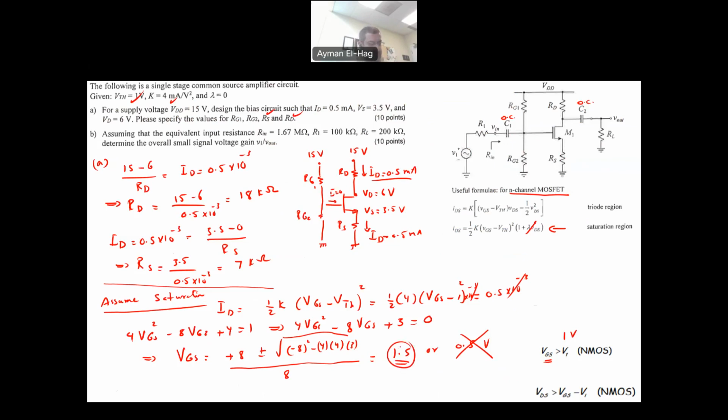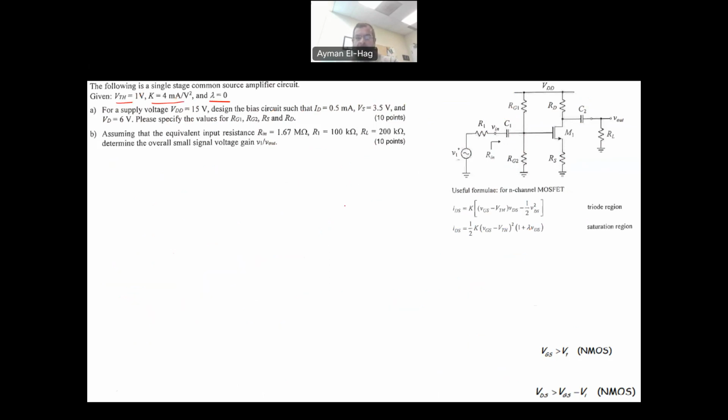So my VGS will be equal to 1.5 volt. So I know now the voltage between G and S, where this is your drain, this is your source, and this is your gate. Let me redraw the circuit quickly here. This is my transistor now, and I will concentrate on RG1 and RG2.